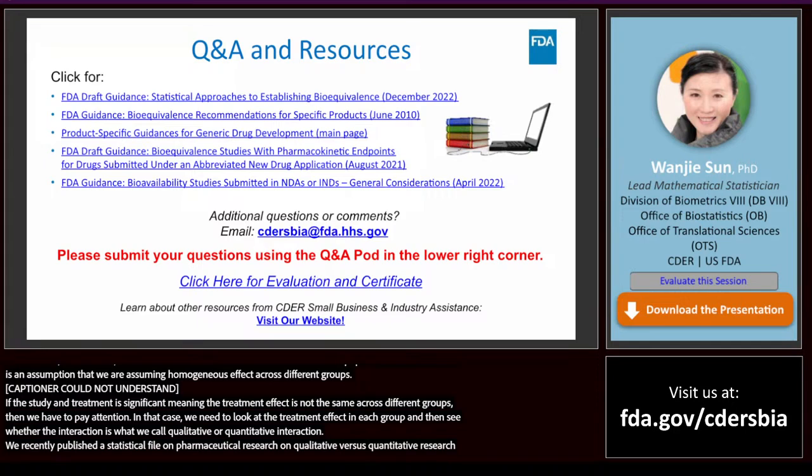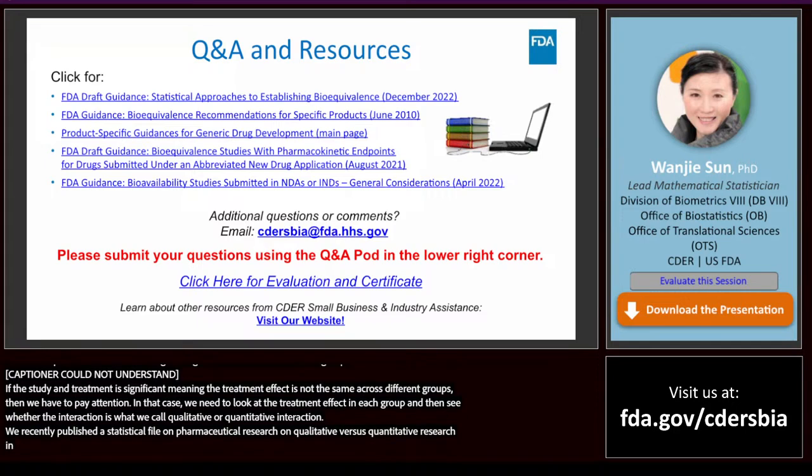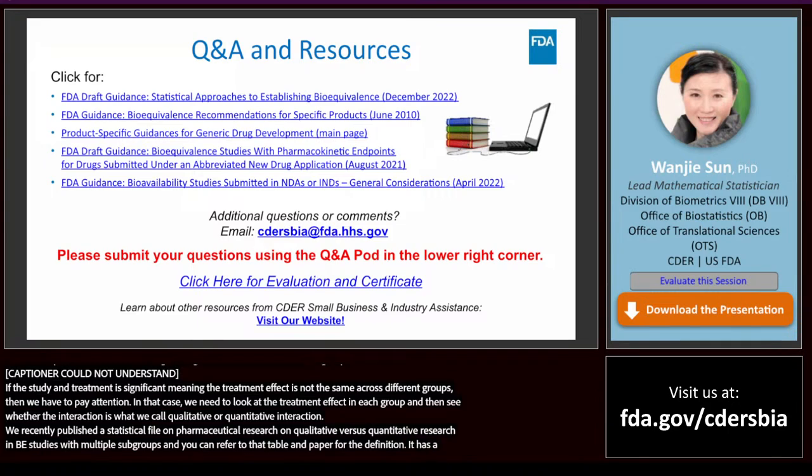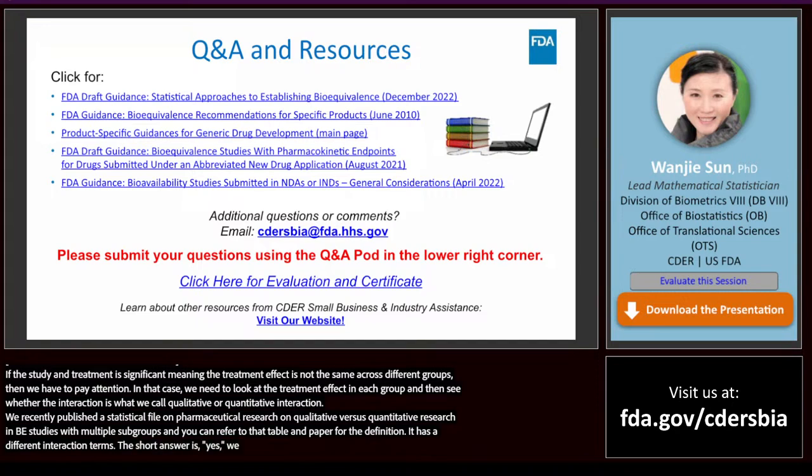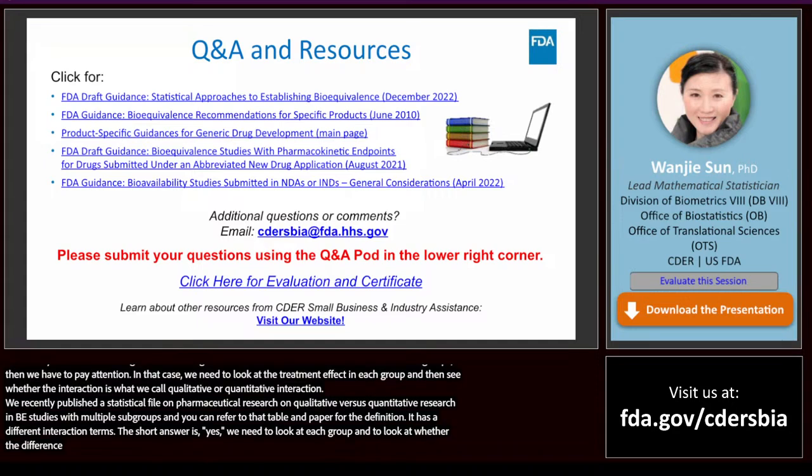You can refer to that paper for the definition and also the cutoff for detecting different interaction terms. So the short answer is yes, you need to look at each group and see whether the difference is large enough that we cannot combine the two groups to evaluate an overall treatment effect. Thank you.